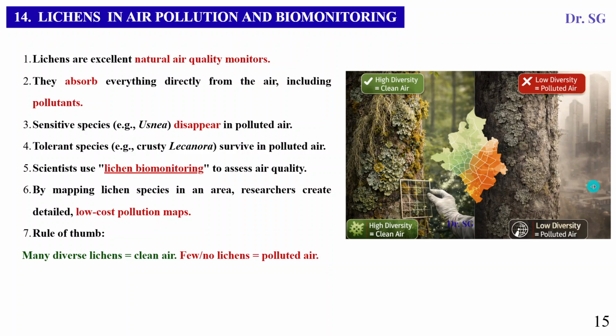You can see in the background the city and the trees nearby getting dried up because of the pollution, whereas here in the background you can see greenery, a forest, maybe a virgin forest or a less invaded forest. You can see a small quadrant with which they are finding out the diversity of the lichens. So high diversity, clean air; low diversity, polluted air.